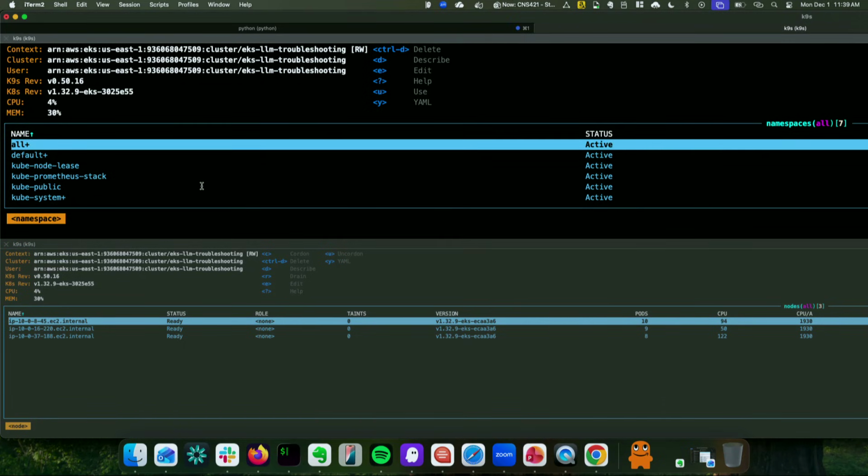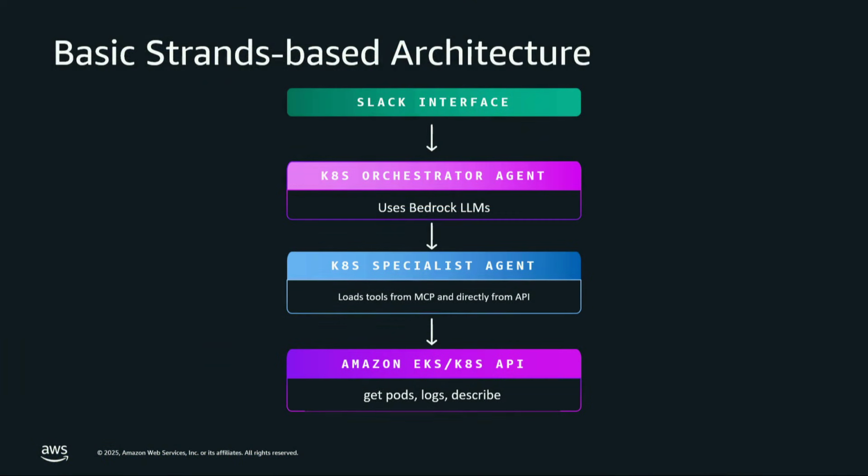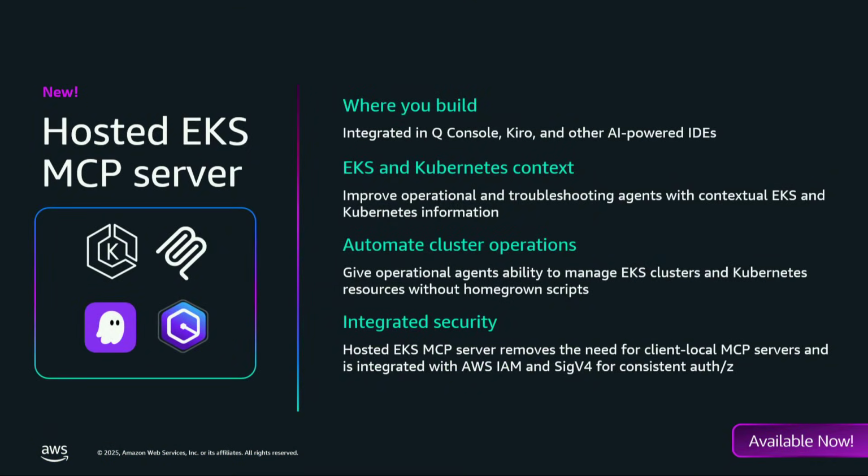To do so, I'll very quickly introduce a new capability that we've just announced. I think it was last week, right? Yeah, that's 2 weeks ago. It's the hosted EKS MCP server. Essentially, instead of having to launch the MCP server yourself locally, we do it for you.